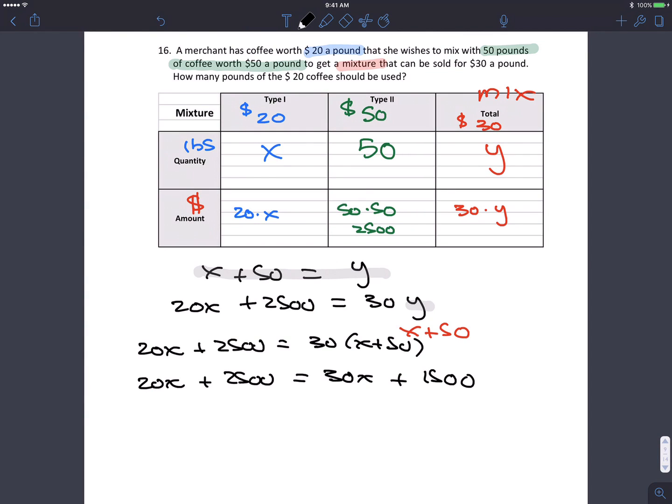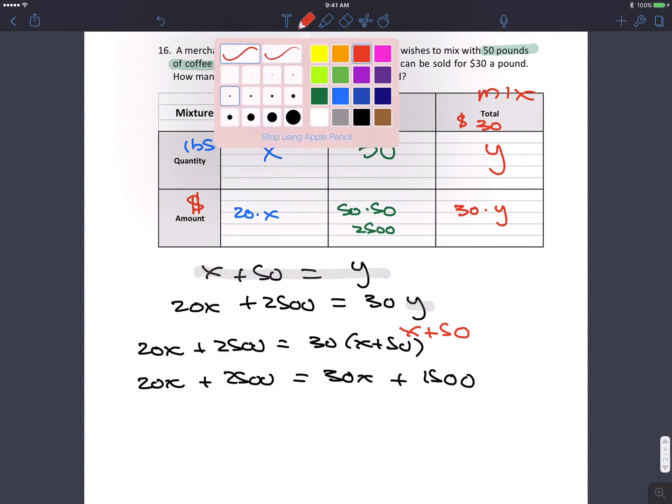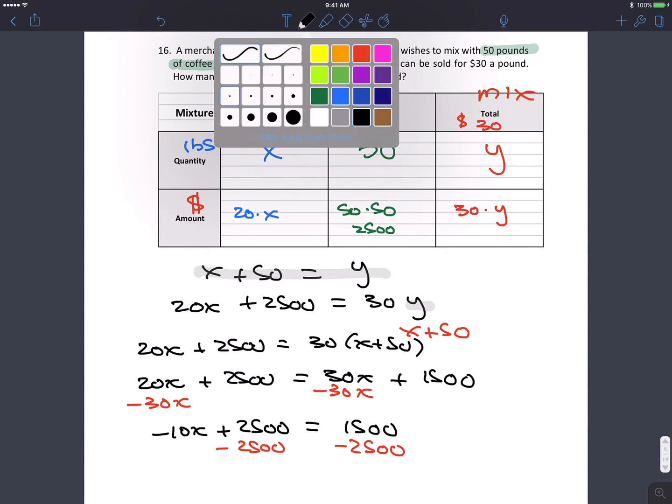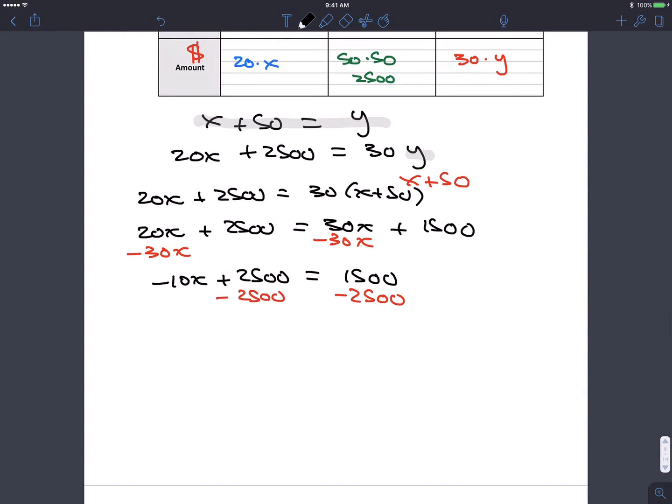We're going to solve this for X. I'm going to subtract 30X from both sides here. I'll end up with negative 10X plus 2,500 will be 1,500. I'm going to subtract 2,500. We end up with negative 10X being negative 1,000.